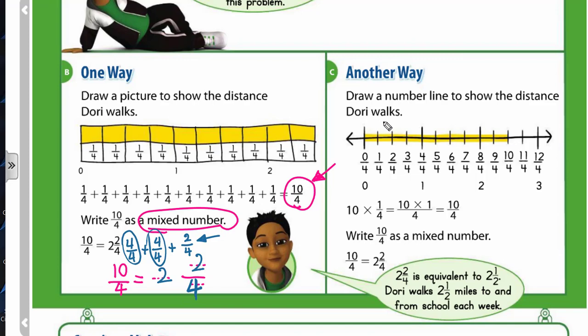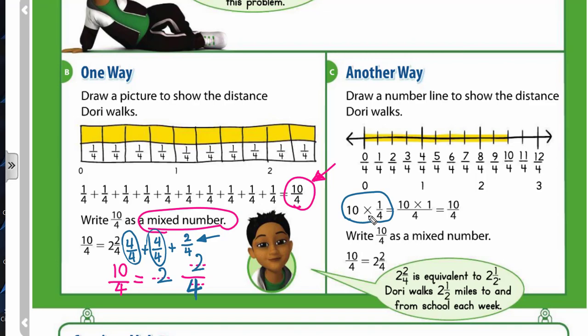Okay. Now let's move to the next. You forgot the multiplication. Yes, we will move to the multiplication now. We can draw a number line to show the distance Dora walks. As you can see here, if we draw it, it's the same. And we can multiply 10 times 1/4 since we are repeating the 1/4.